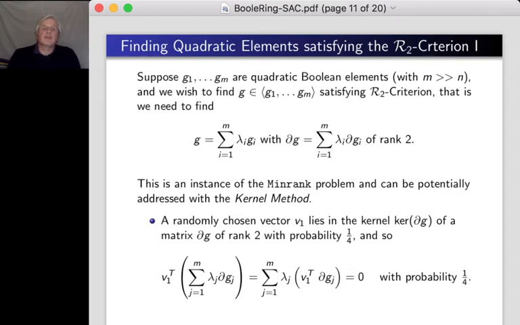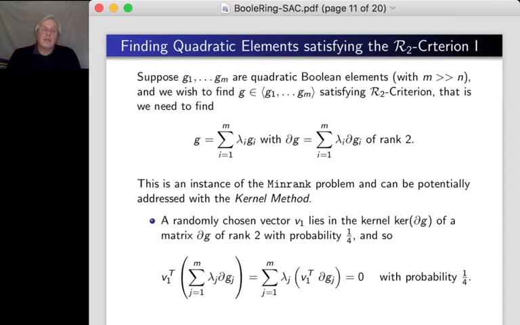Suppose we have such a series of quadratic Boolean elements, G1 to Gm. We want to find a G in their span, say G is the sum of lambda_i G_i, whose partial matrix, partial G, is clearly the sum of lambda_i times the partial matrix of G_i, and we want partial G to have rank 2.